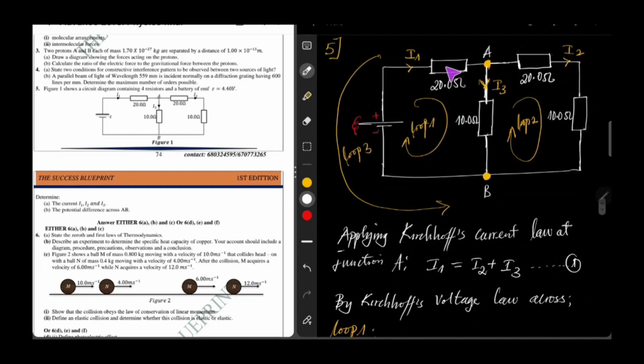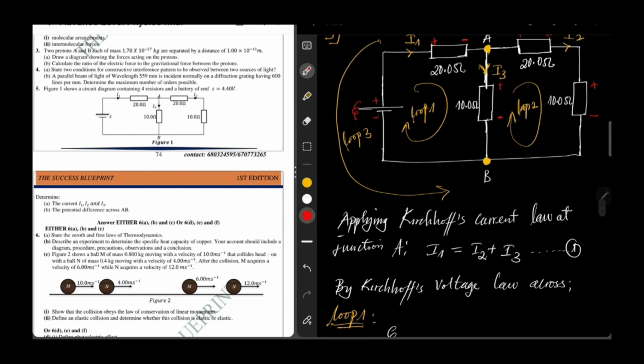Now if we continue in that same direction, current that flows through this 20 ohm resistor will be from a higher potential to a lower potential. Same here, I2 will flow from a higher potential to a lower potential, while in the case of I3, we'll also have higher potential to a lower potential.